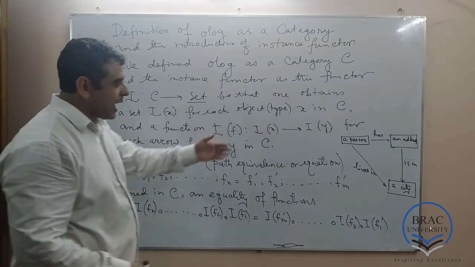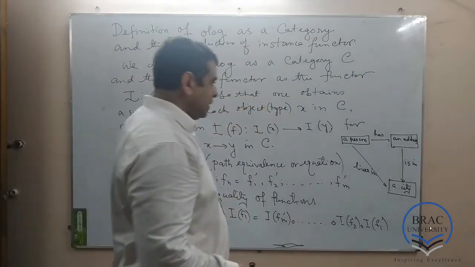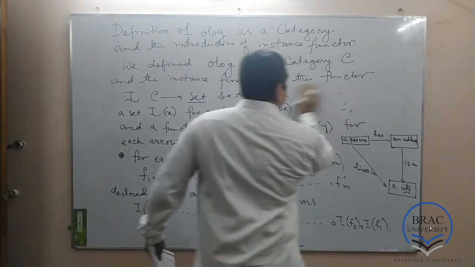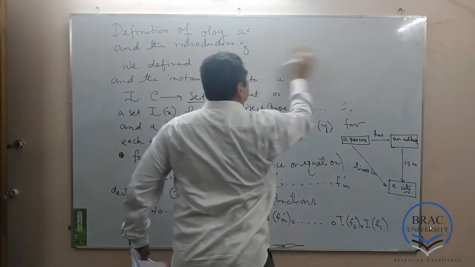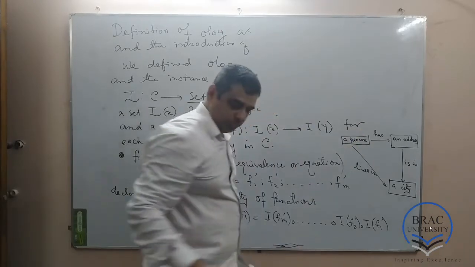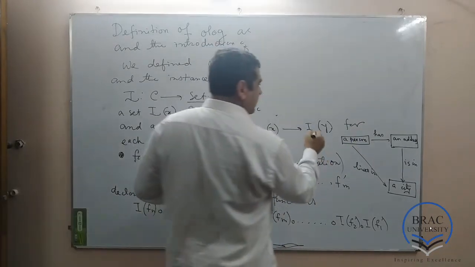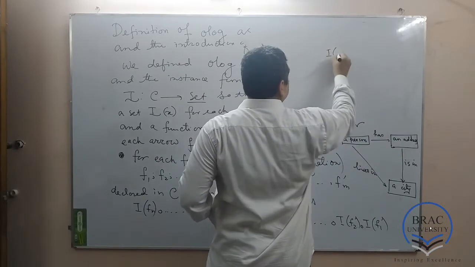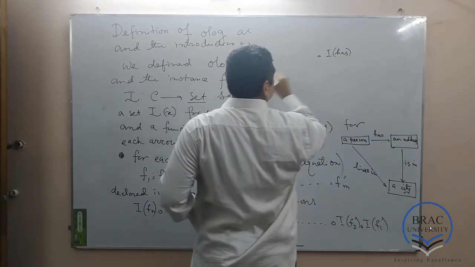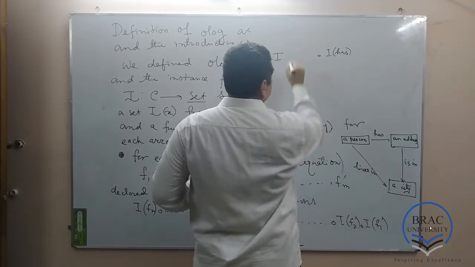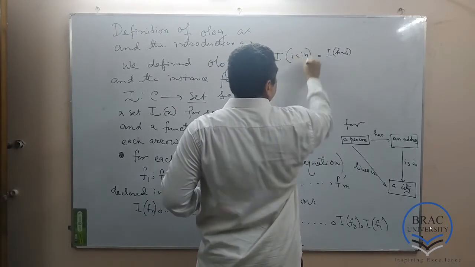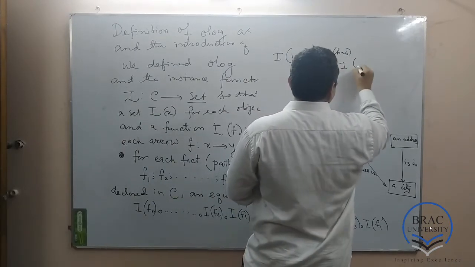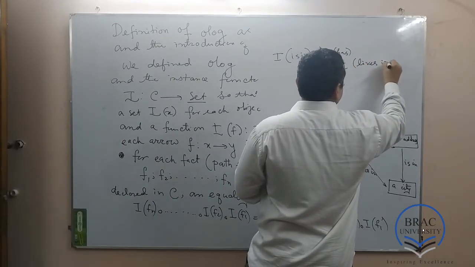So what happens in our example? Here, I of has goes to the right, I of is in, has to be the same as I of leaves.